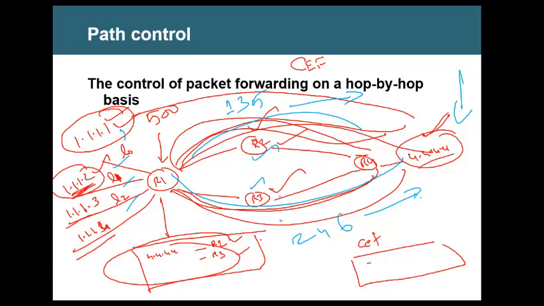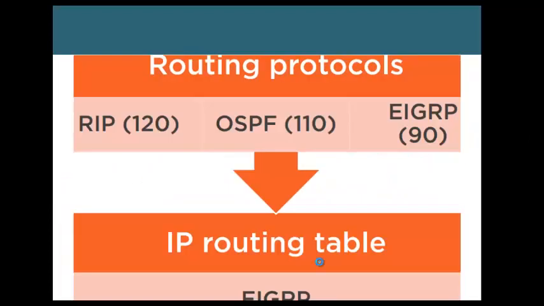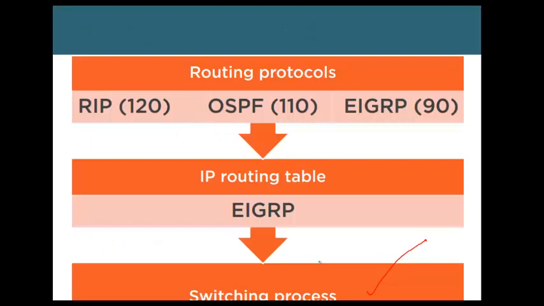When we don't have CEF, the switching process is through the routing table. It's going to be packet switching, meaning every packet will be going through the routing table to decide the path.